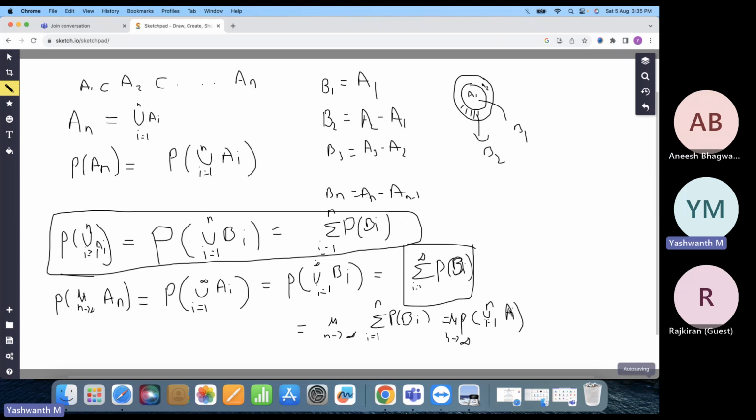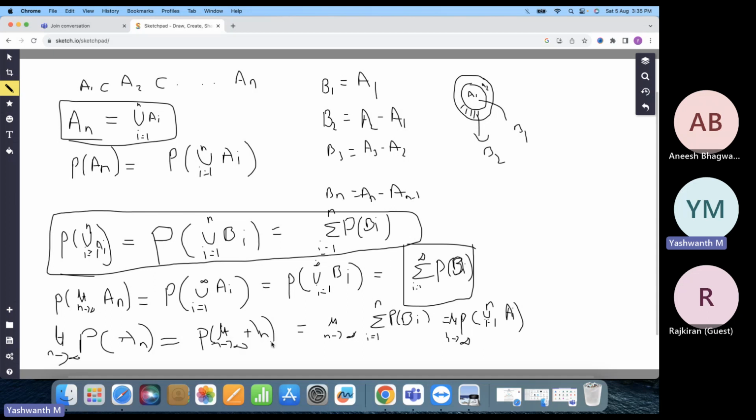And this quantity is nothing but A_n, as what I defined here. So here we have limit n tends to infinity of P of A_n is what you got, and you started with P of the limit of A_n. That was the proof. Is it clear?